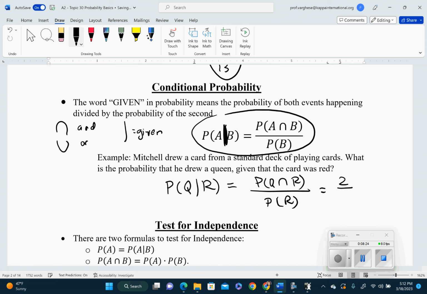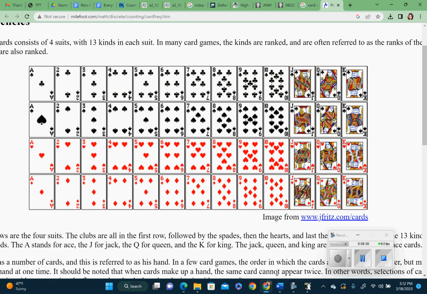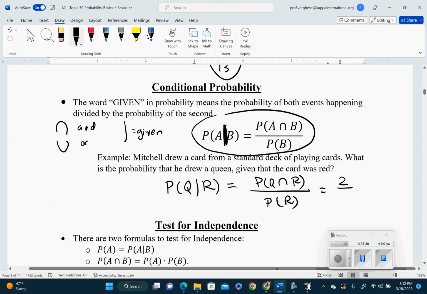So queens and red, divided by how many red cards there are. So let's look back at the deck. So this is 13 cards and 13 cards, right? So total red cards is going to be 26. So 2 out of 26, and that simplifies to 1 out of 13. Okay.